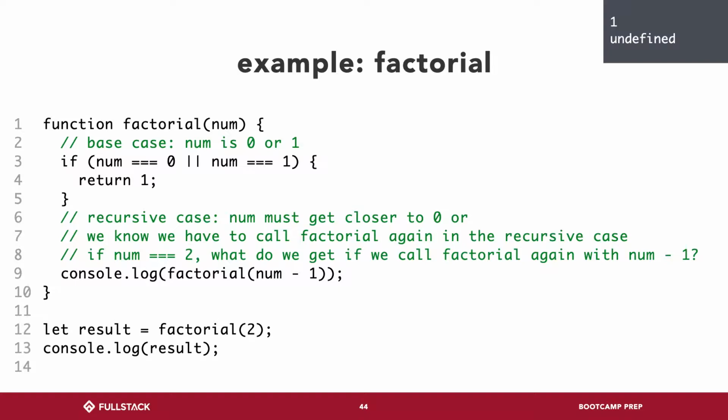So if this was returned, then result would be 1. That won't be any undefined. That's okay, because this function is not returning anything unless it's 0 or 1, so factorial of 2 is undefined.